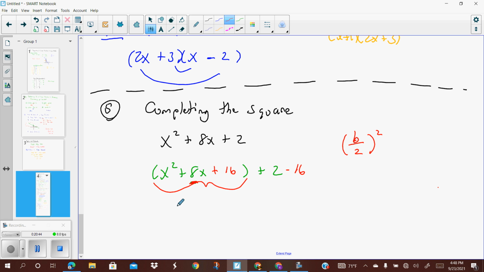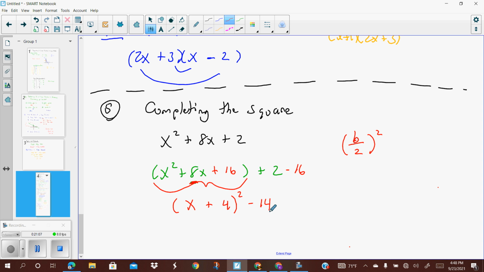So if I factor this, I'll have an x and a 4. If I multiply 4 times x and double it, do I get that middle term of 8? I sure do. And they're all positive, so that is x plus 4 squared. The only other thing I have to remember is the 2 minus 16 on the outside, which gives you negative 14.